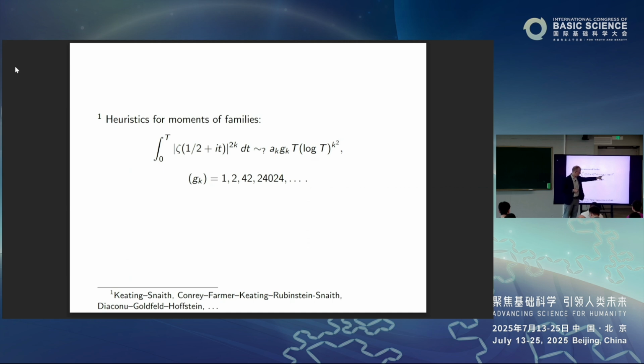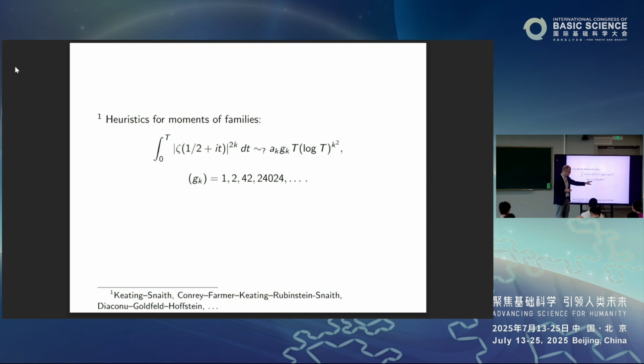They involve a predictable constant a_k that comes from simple arithmetic considerations, and a more mysterious constant called g_k, whose first entries are 1, 2, 42 for the 6th moment, 24,024 for the 8th moment, and so on. These come from random matrix theory or from the theory of multiple Dirichlet series, and there's an interesting story of how those predictions even came about.